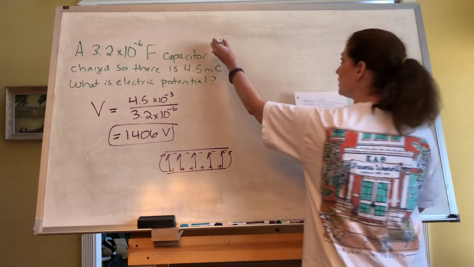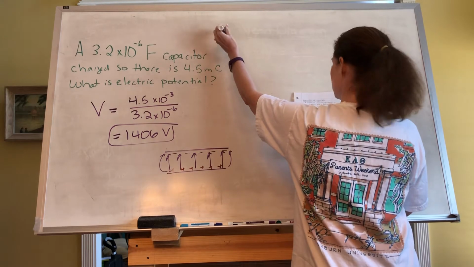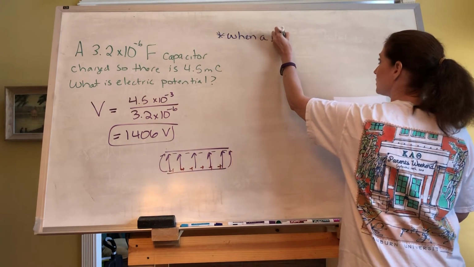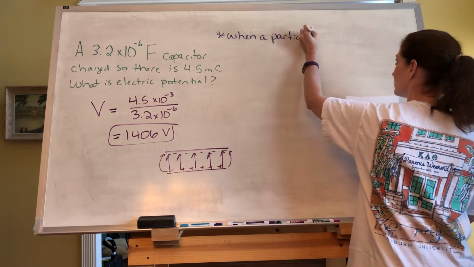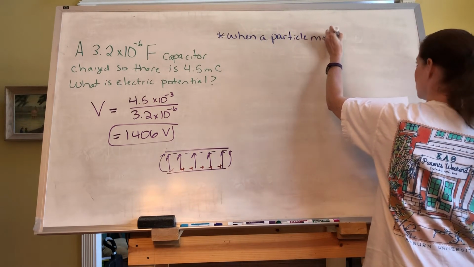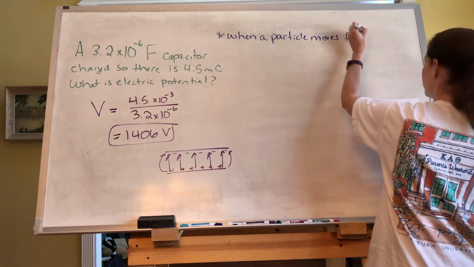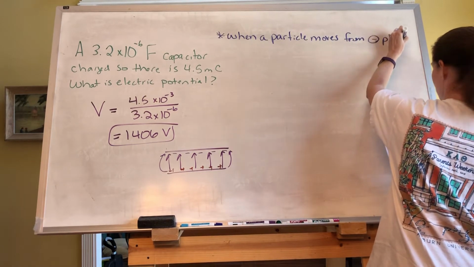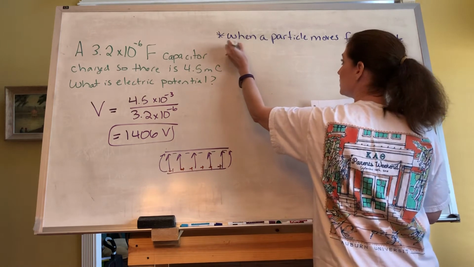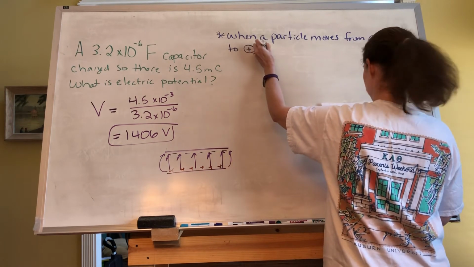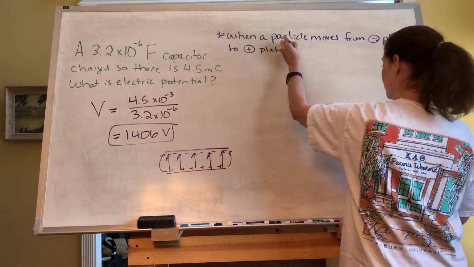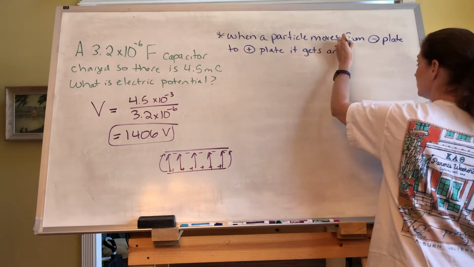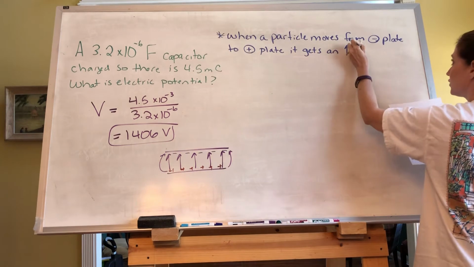All right, so just important to know, when a particle moves from the negative plate to the positive plate, it gets an increase in electric potential.